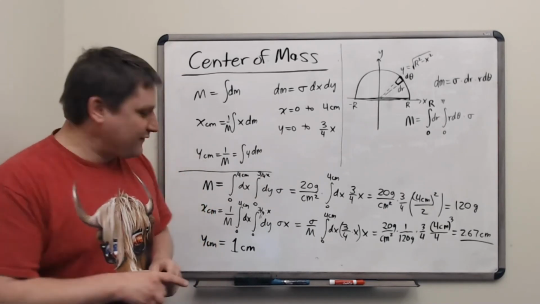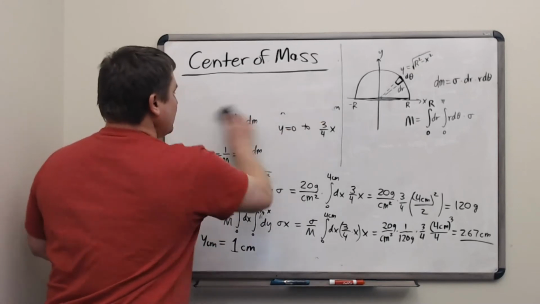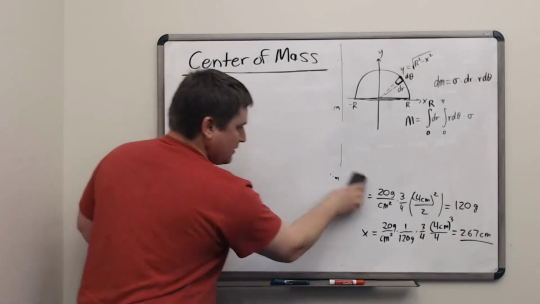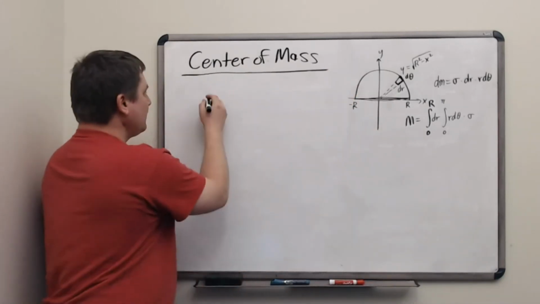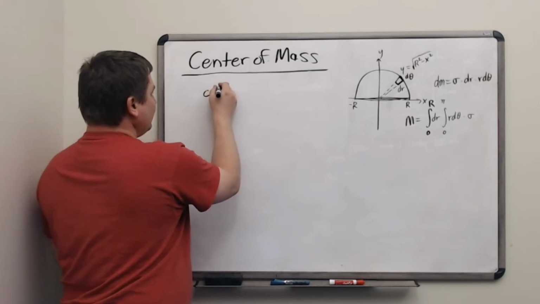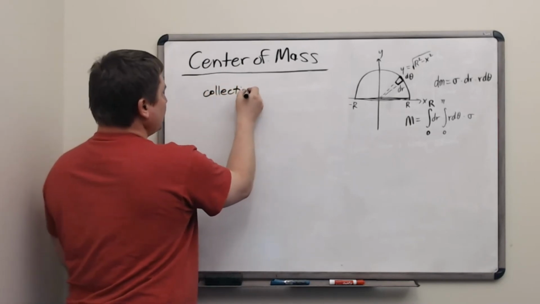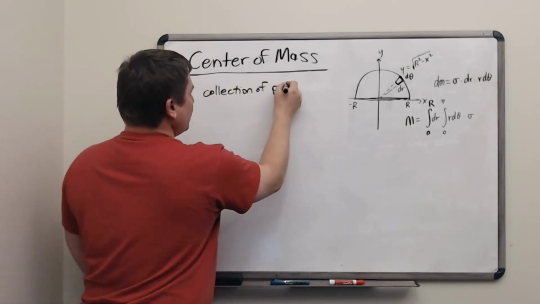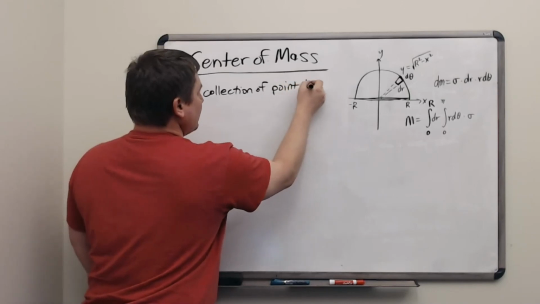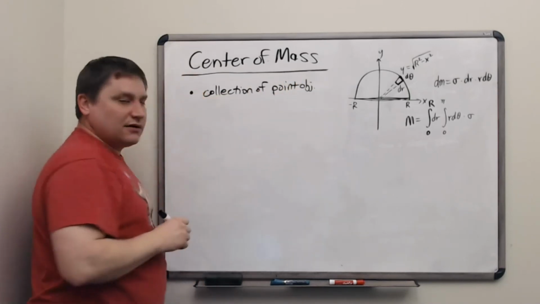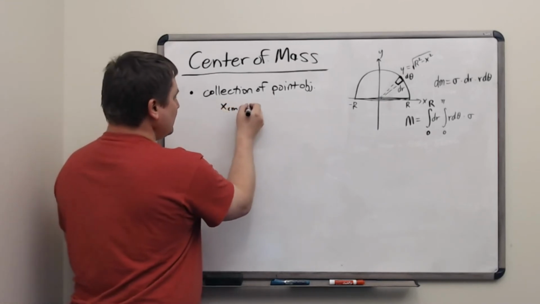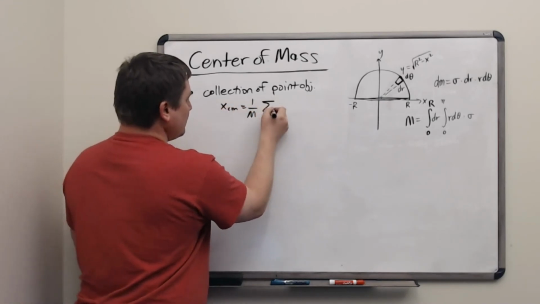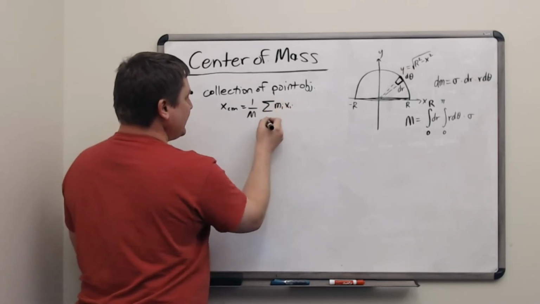In summary, we've got 3 things that we should be able to do with this. If we have a collection of point particles, we can calculate the center of mass of those by a weighted average procedure.